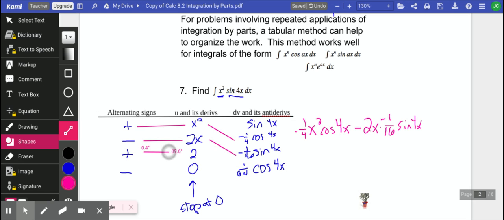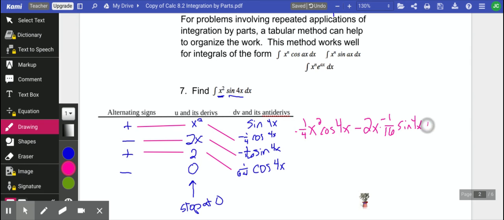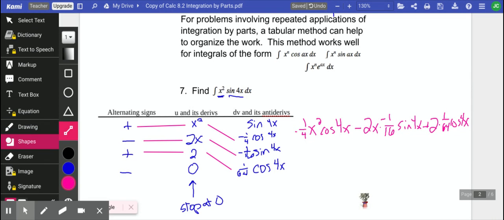And then the next one will be positive 2 times that, so we get positive 2 times 1/64 cosine of 4x. And then the last one, well, we ran out because we stop at 0. There's nothing left. It's negative times 0, so it doesn't matter what's next. The next thing is just 0.